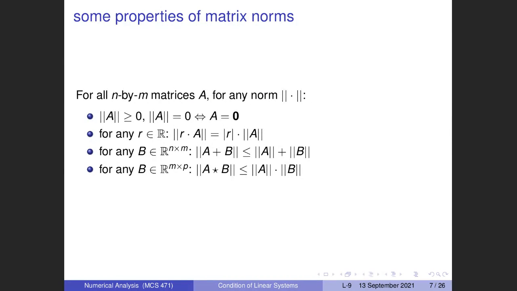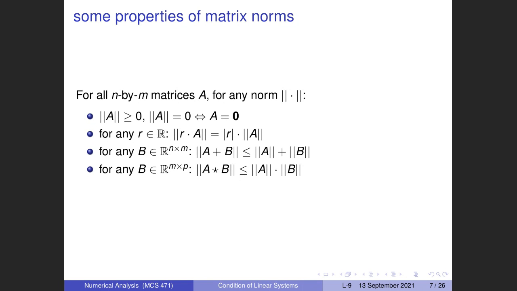So for any norm, again, we will leave off the P, the subscript. If the property that we want to explain holds for any norm, for any P. So what are the properties? The norm is always a positive number, so it measures something, it's similar to the absolute value.